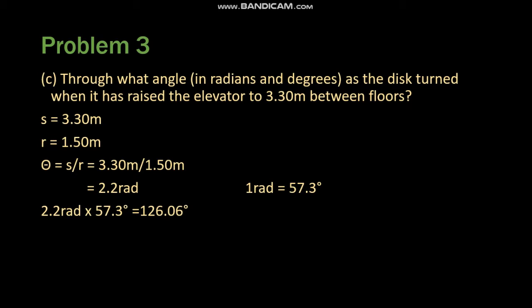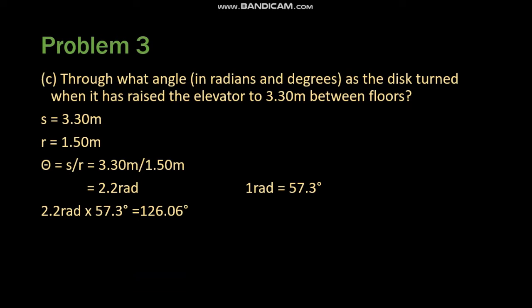In this case, I'm also showing this method to you guys, so you would have options to convert radians to degrees. If you forgot the formula, or if you forgot that 1 radian is equal to 57.3 degrees, you can also use 180 divided by pi to convert radians into degrees.